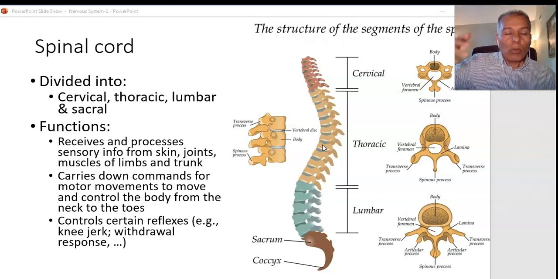Then immediately while you are sleeping, your hand is going to be withdrawn from that source of pain. So how you do that is through direct control in the spinal cord, that will enable you to control some reflexes or involuntary movements.